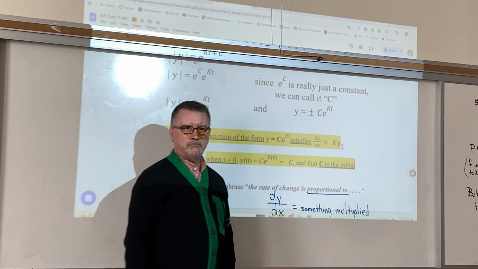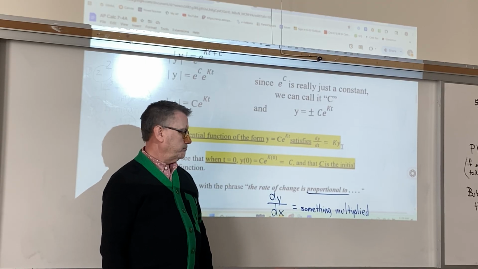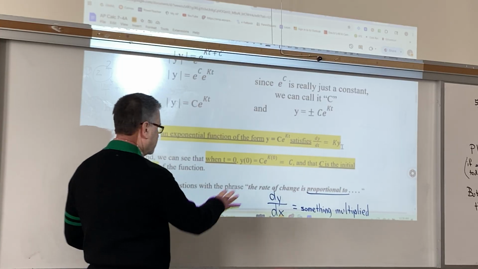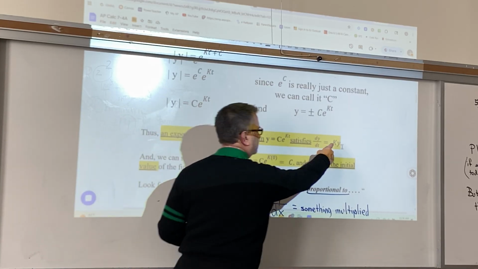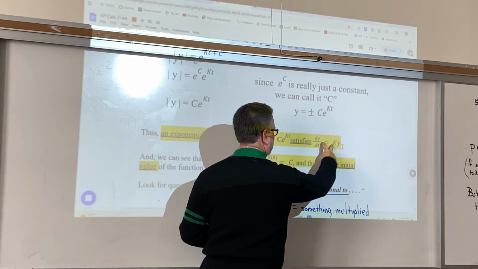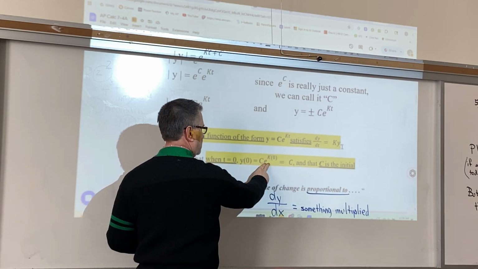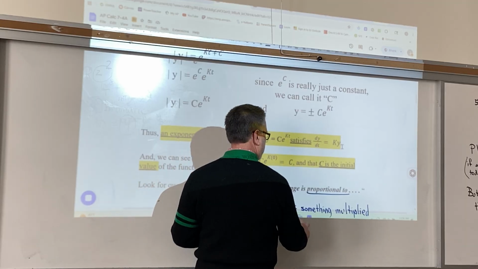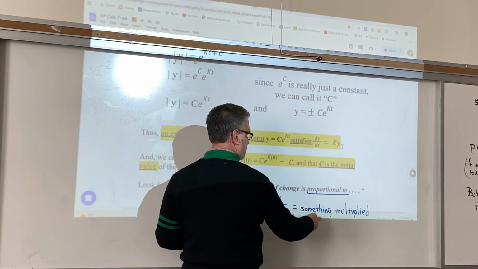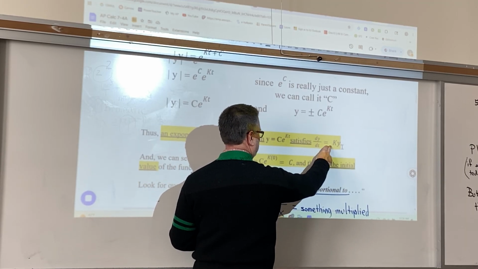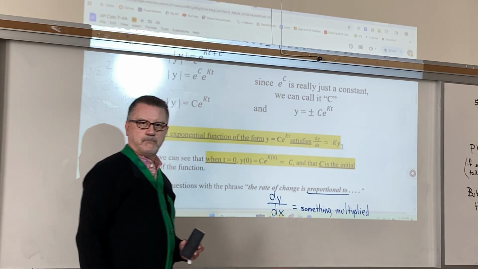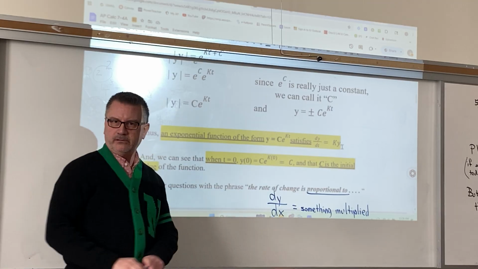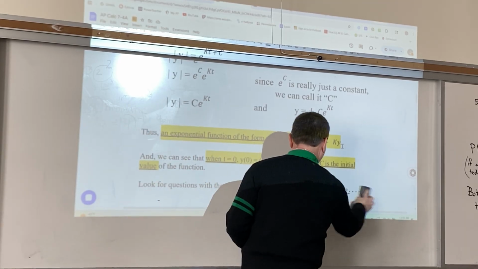So that kind of tells you, I can set up this, and I know what the solution to this is. Right there, sorry, I'm pointing all over the place. I know that the rate of change of something proportional to is this, and this would be a solution to it. Okay, let's try it, right? Might as well try it.